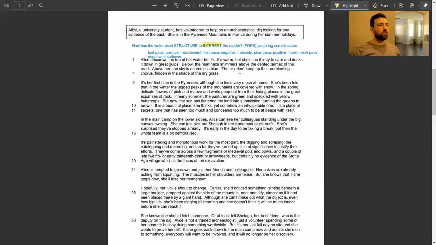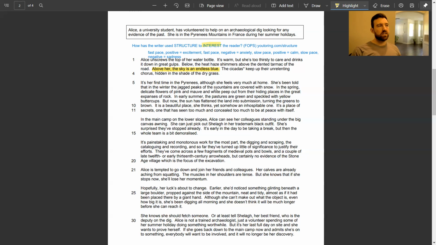So in this first paragraph, what we notice is that the sentence forms and the punctuation create fairly short sentences and a slow pace. Let's keep it really simple and look at the shortest sentence, which is: above her, the sky is an endless blue. This is a slow pace, but it is positive. So at the beginning of this piece of work, the pace is slow and the tone, because it's positive, has a calming effect.